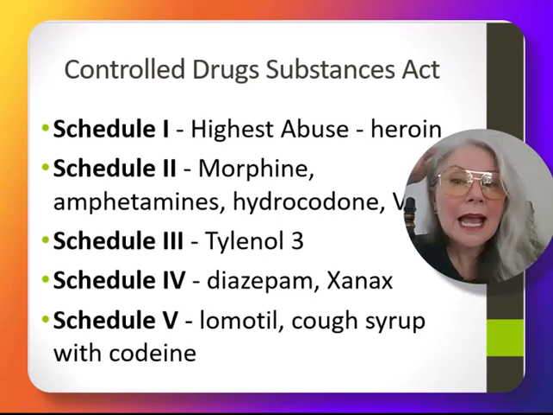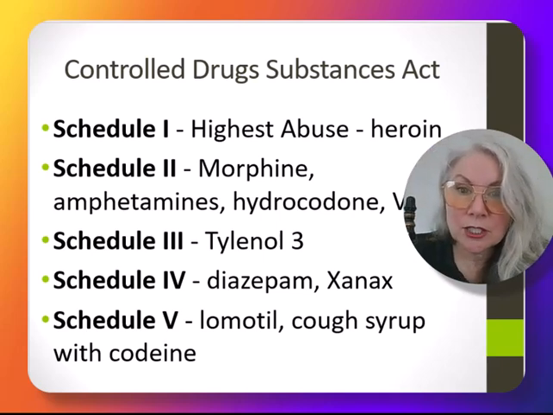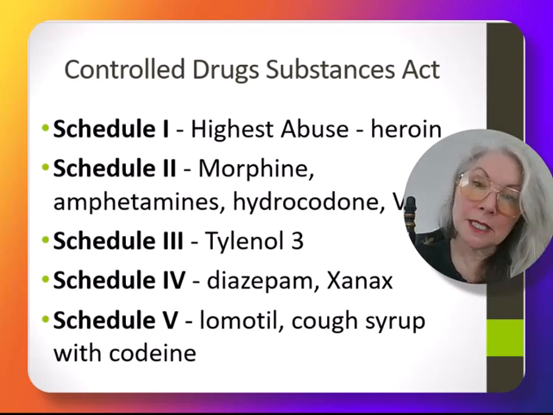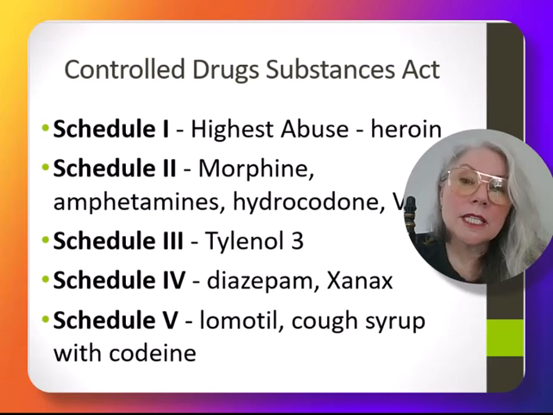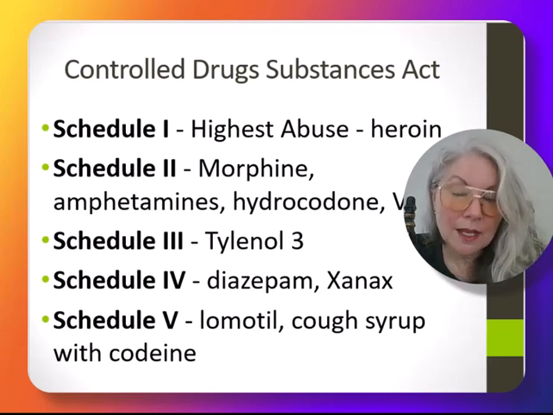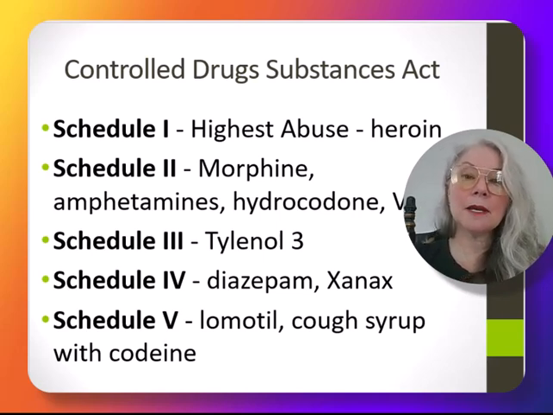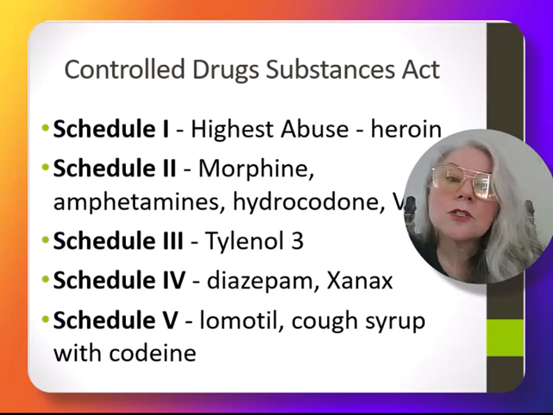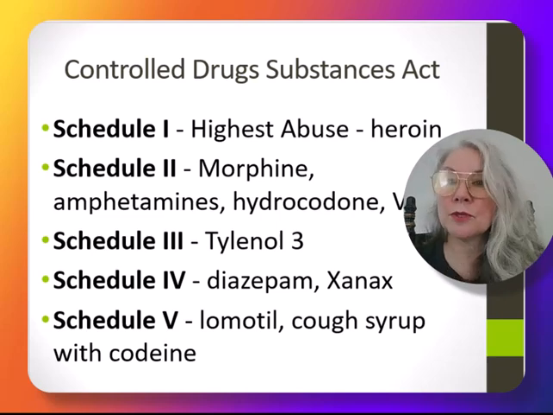Schedule 1 has the highest abuse potential. Something in there would be heroin, PCP, currently still marijuana, but marijuana may be moved to a Schedule 3. So Schedule 1 is highest abuse potential.